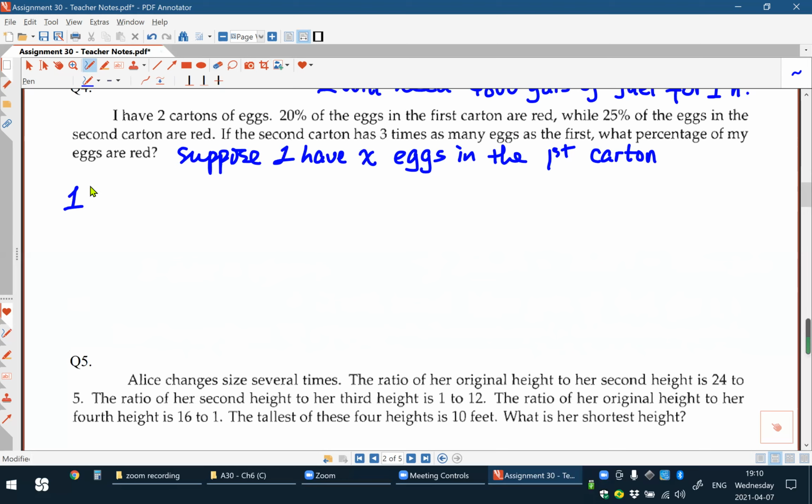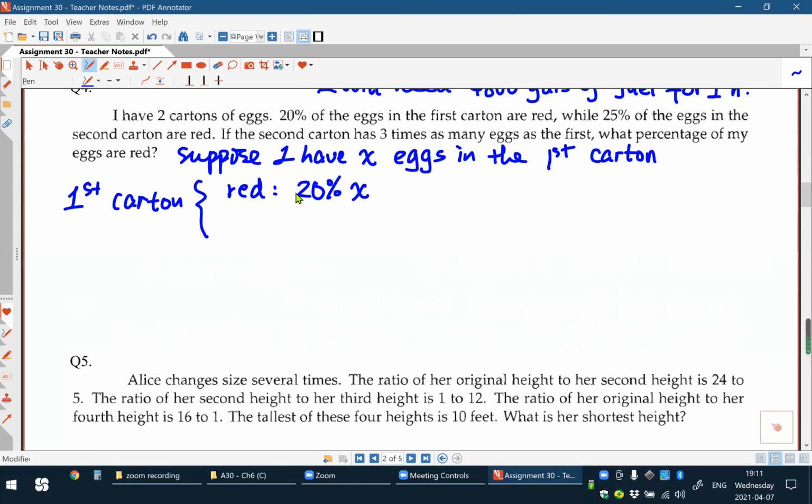So basically for the first carton, we have some red ones, right? So how many red ones are there? It should be 20% times X, right? Because it says 20% of the eggs is red.